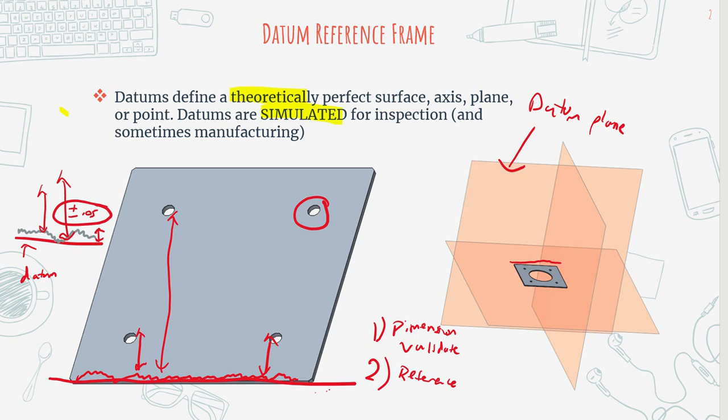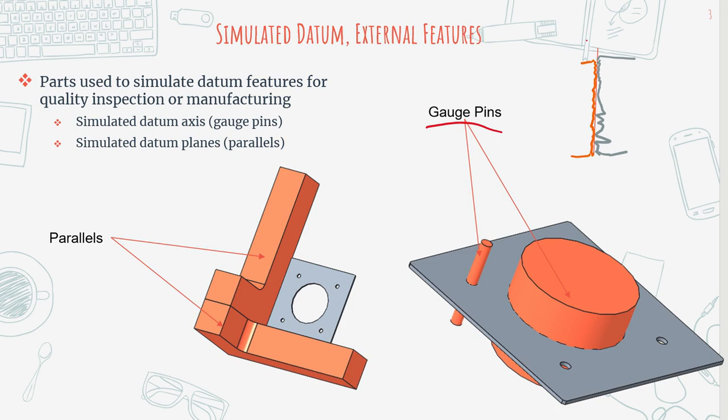We talked a lot about how datums are theoretical and simulated, but that doesn't do us a lot of good unless we can actually use them somehow, right? So that's when we get into how the theoretical translates into the physical. Physically, we can represent these theoretical surfaces, planes, and axes with these items. Parallels are intended to represent datum planes.